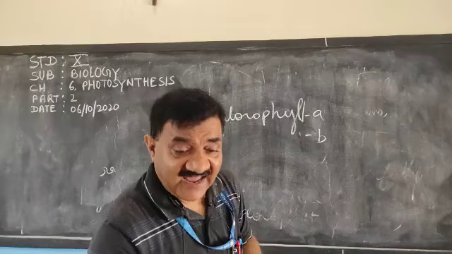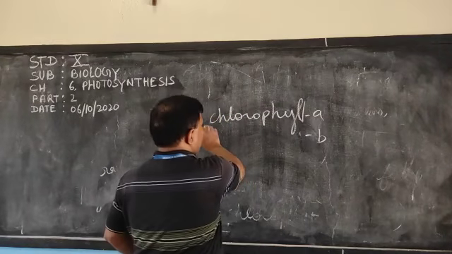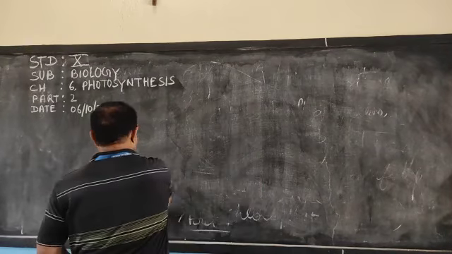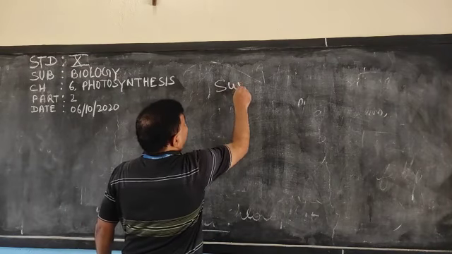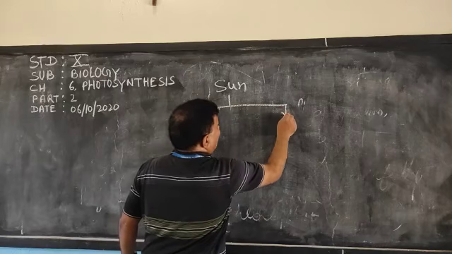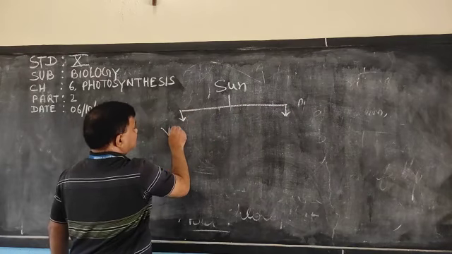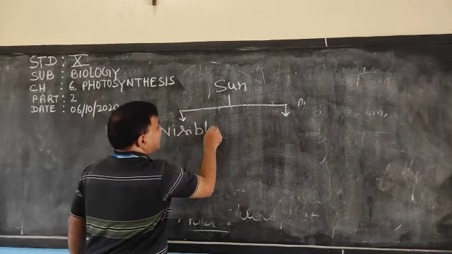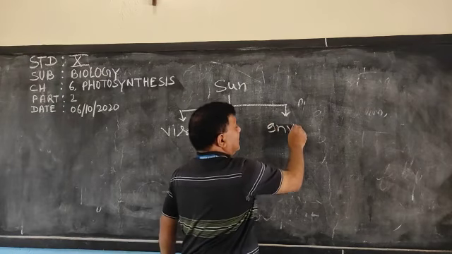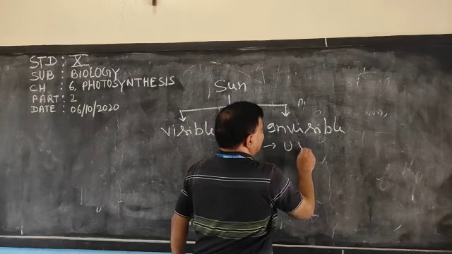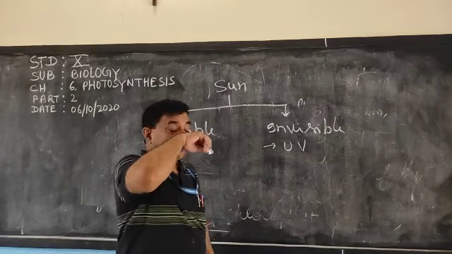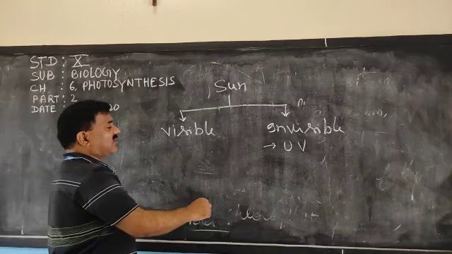Dear children, actually the sunlight radiates two types of rays, one visible and the other invisible. An example of invisible is ultraviolet, and we are not focusing on this.